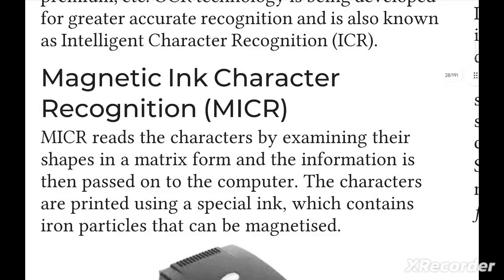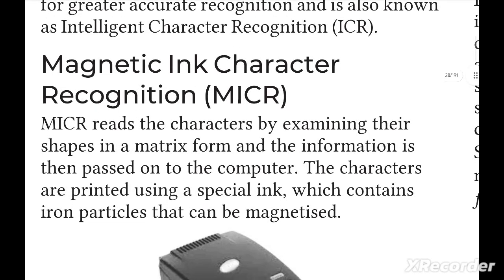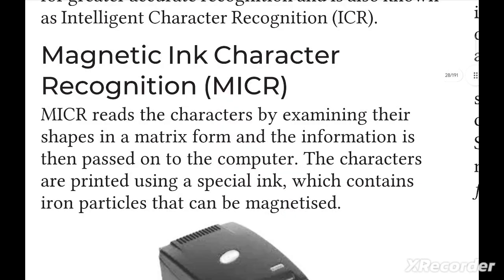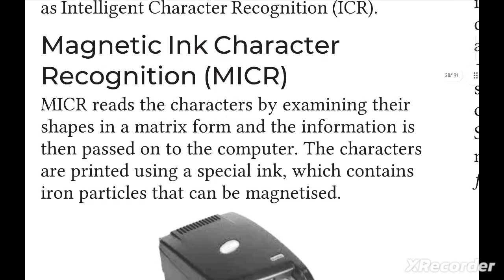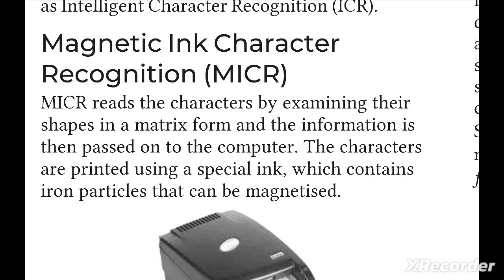Next, magnetic ink character recognition (MICR). MICR reads the characters by examining their shapes in a matrix form, and the information is then passed on to the computer.